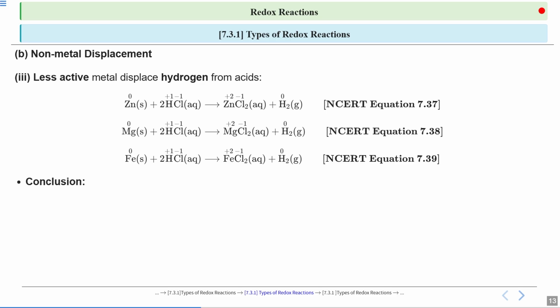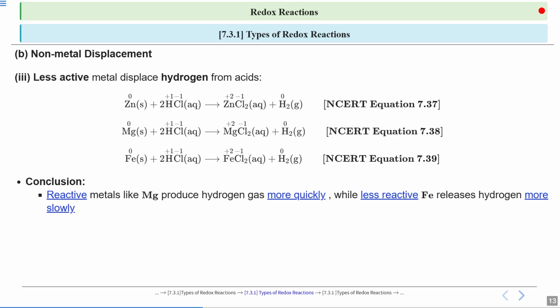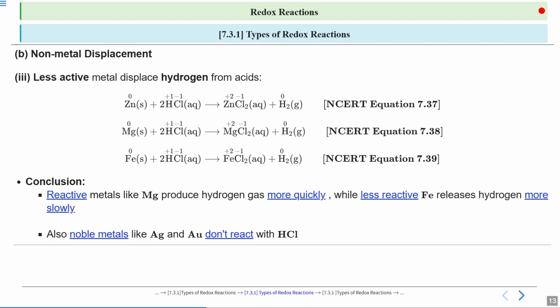So the conclusion is that reactive metals like magnesium produce hydrogen gas more quickly, while less reactive metals like iron release hydrogen more slowly. Also, the noble metals like Ag and Au do not react with HCl.